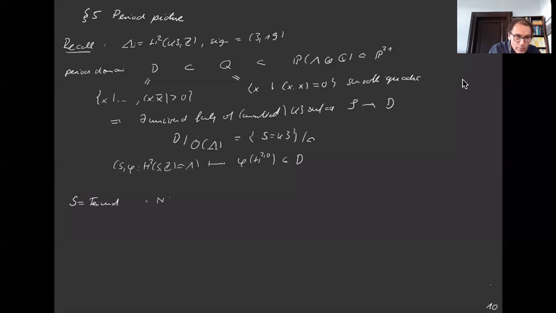Remember the Néron-Severi lattice is of rank 20. Its transcendental lattice is of rank 2, and the direct sum is almost the full cohomology up to finite index. And I have three line bundles.